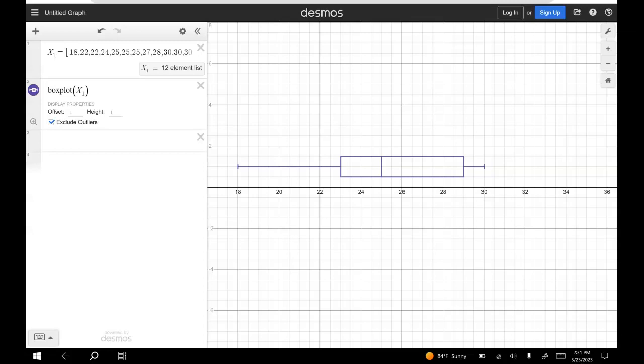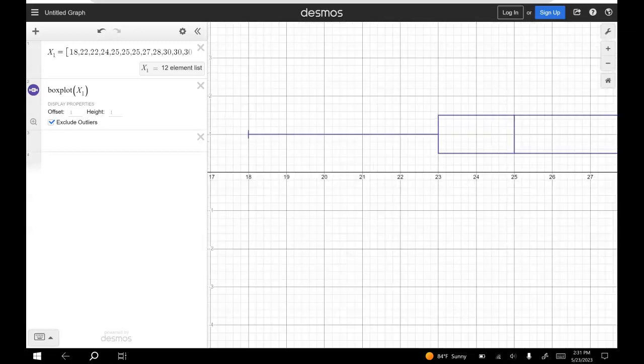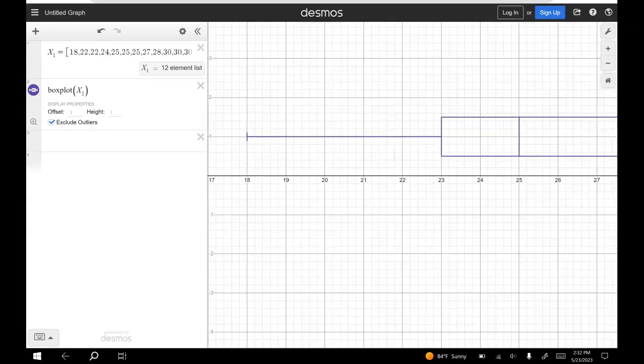So now we have all the information that we need to fill in our 5-number summary. We can zoom in and out. We know that our lowest value is 18. So in your chart, under lowest value, you should put in 18. Your first quartile number, or your Q1 number, is going to be the far left-hand side of your box. So that's 23. Beneath your Q1 value, you would put 23.